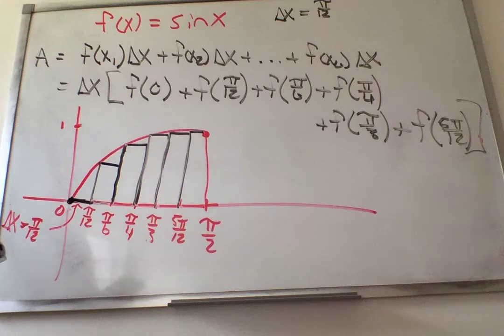I think I messed up typing it in because I got a really big number. Let me type it in one more time. Pi divided by 12 times 0 plus one more.